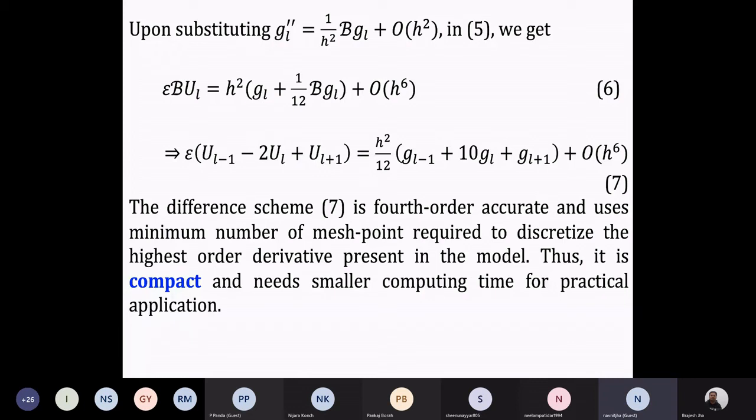But you need a minimum of 2 points, and that is u of x plus h minus u of x by h. So x plus h is the next point and x is the previous point. So 2 is the minimum number of points required for the first derivative.